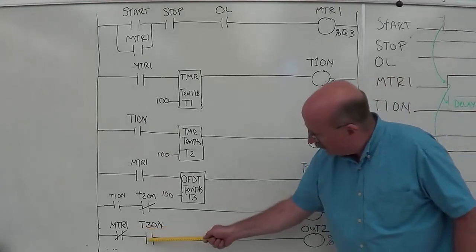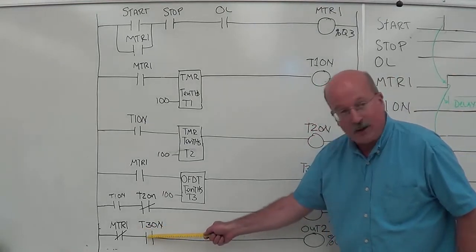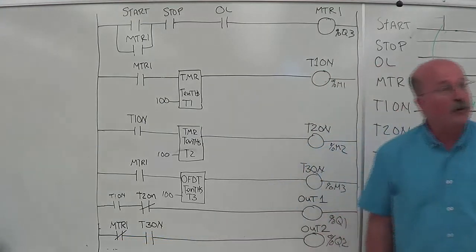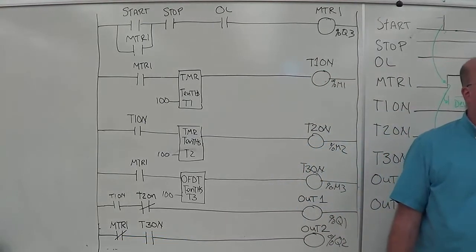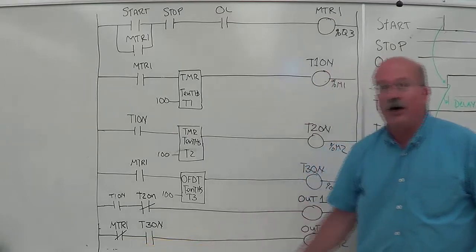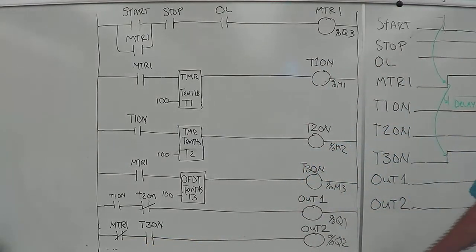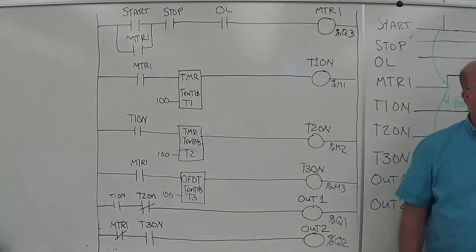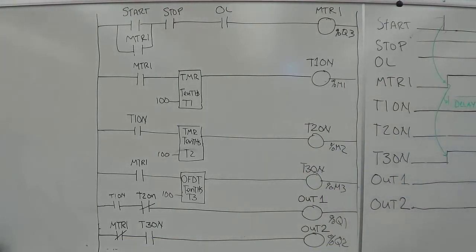But motor 1 is running, so those contacts are open, aren't they? So there's no power flow through there. We come down there, stop motor 1, contacts closed. These will stay closed because it's an off delay. So we've got power flow through here, and output 2 will go on for 10 seconds after motor 1 stops.